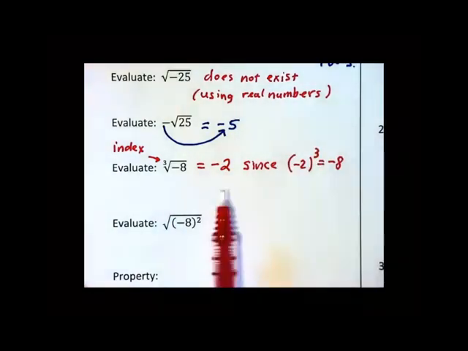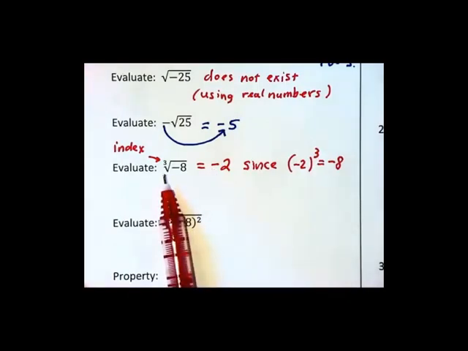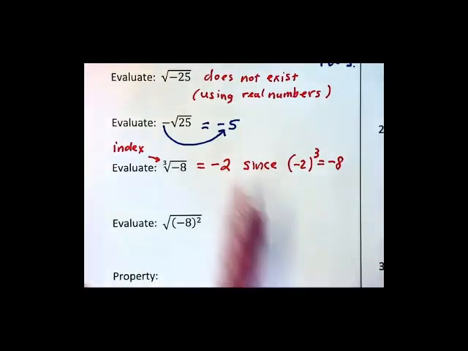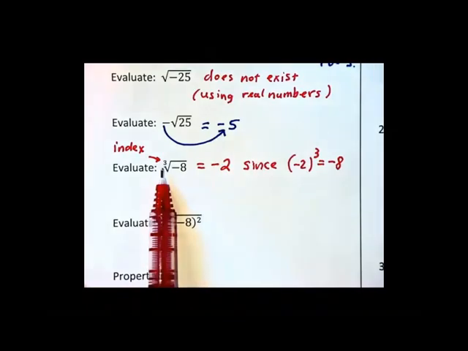Now, you are allowed to have negative answers when you have cube roots. You're not allowed to have negative answers when you have square roots, as we have in the problem before and the problem after. So that's something to be very careful of, watching out what this index is.